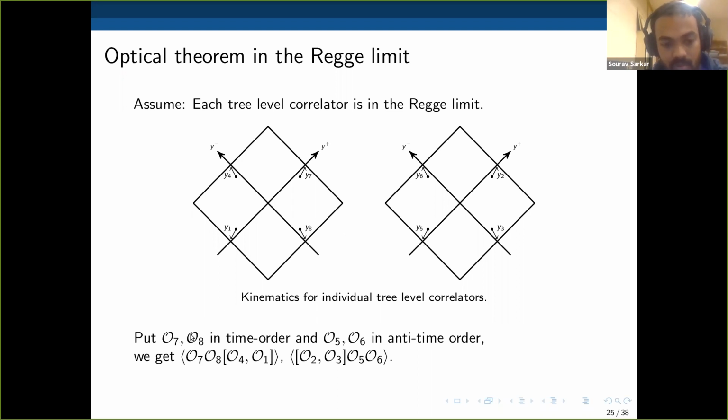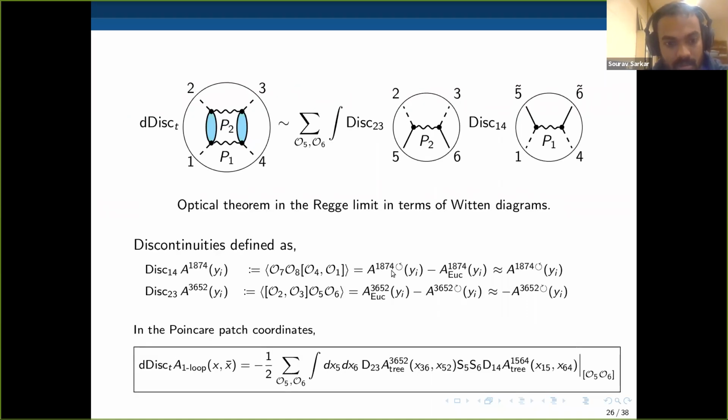And we do it in such a way that we put 7 and 8 in time order and 5 and 6 in anti-time order with respect to this configuration. So we get these commutators of Lorentzian correlators. And these correlators now define these discontinuities that can be evaluated in this way.